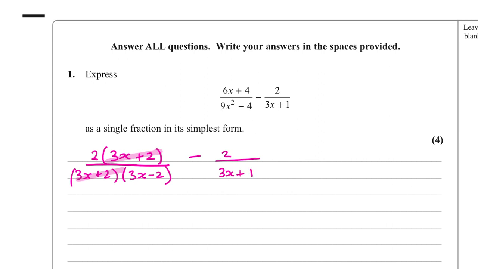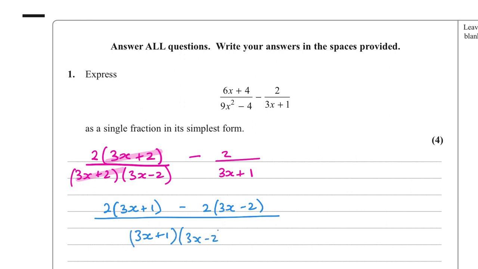Okay, now adding or taking away fractions, we know to do that we have to have the same denominator, so I'm going to multiply the left-hand fraction by 3x plus 1 minus 2 lots of 3x minus 2, all over 3x plus 1, 3x minus 2.